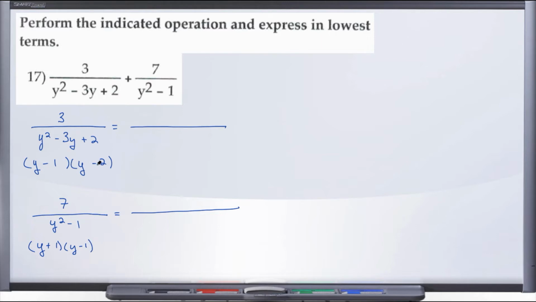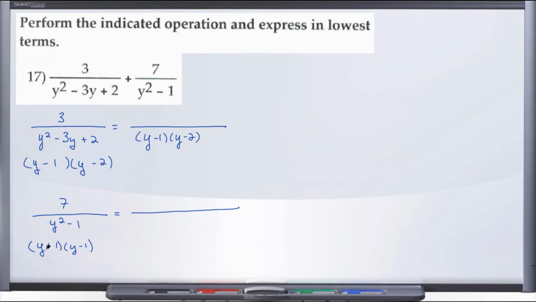And so now that we've fully factored both denominators, we can clearly identify what factors we're working with. Because remember, the common denominator that we're building has to have one of each factor that's unique. So y minus 1, y minus 2, all right.